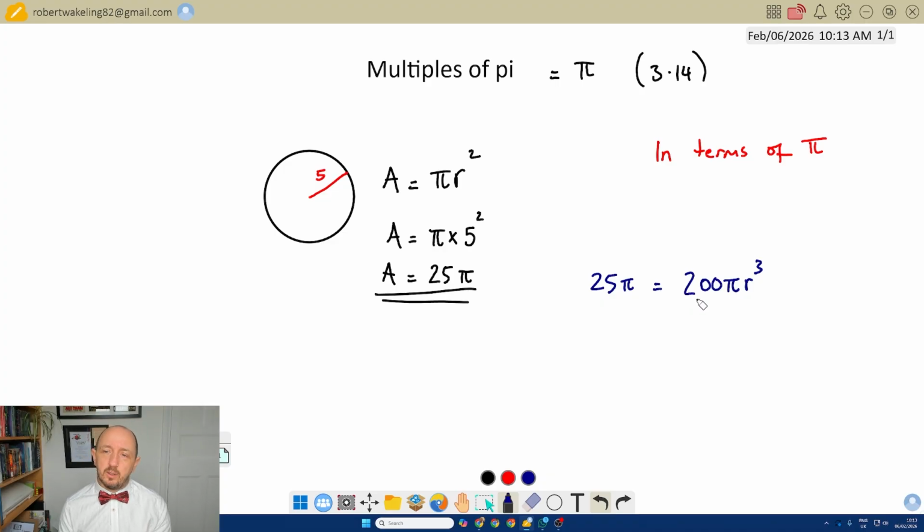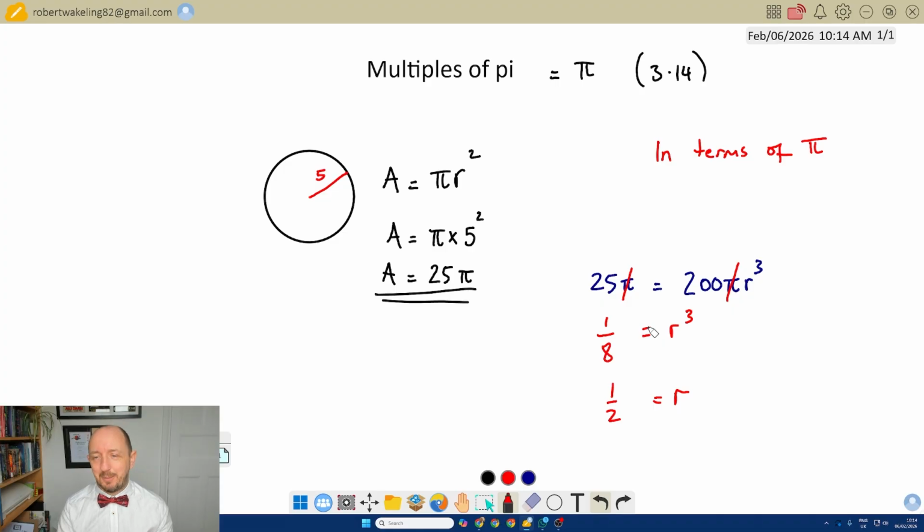Then in this case, because we left the pi there and we've got a single pi here and a single pi here, we can actually divide both sides by pi. Okay, so that will make our calculations substantially easier than if I had a horrible decimal here, because I can divide by 200 now and get an eighth equals r cubed, and then I can take the cube root and get a half in the non-calculator paper.